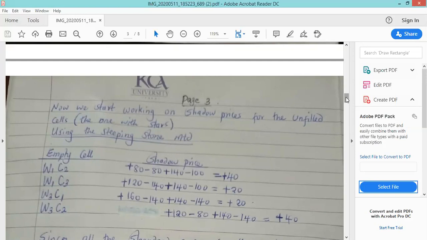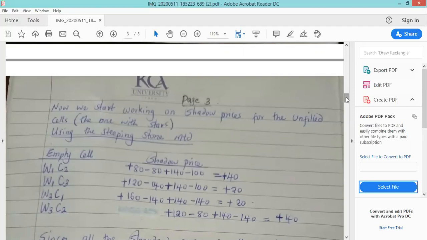And we do the evaluation of the shadow prices using 2 methods. Number 1 is what we call the stepping stone method. And here we are stepping from one stone to another. We are going to look at that.